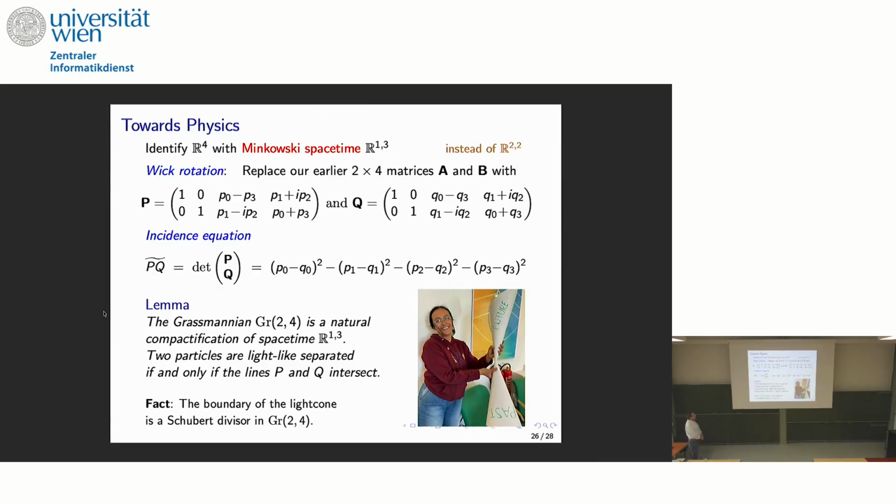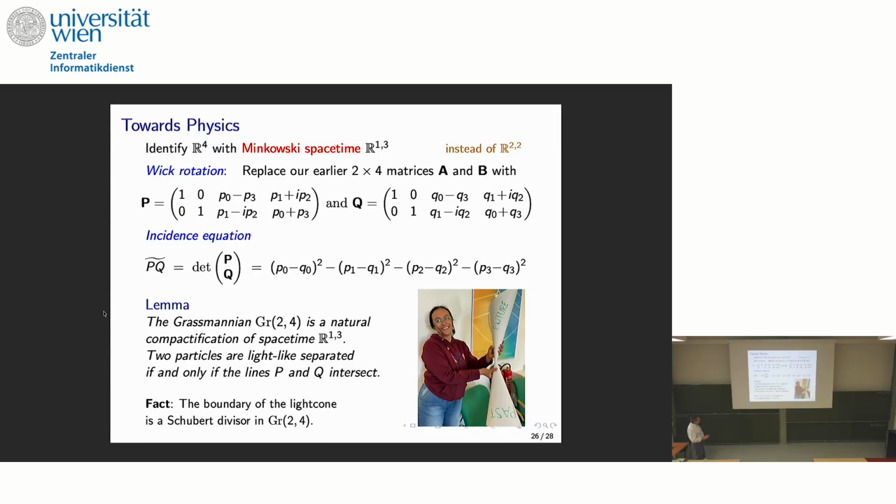So lemma: the Grassmannian G24 is also a natural compactification of space-time, R^{1,3}. Two particles are light-like separated, meaning this thing vanishes, if and only if the lines P and Q intersect. Okay? So in signature 2,2, we had the connection to rigidity and Hilde Geiringer. Here we have the connection to Veronica and her light cone.